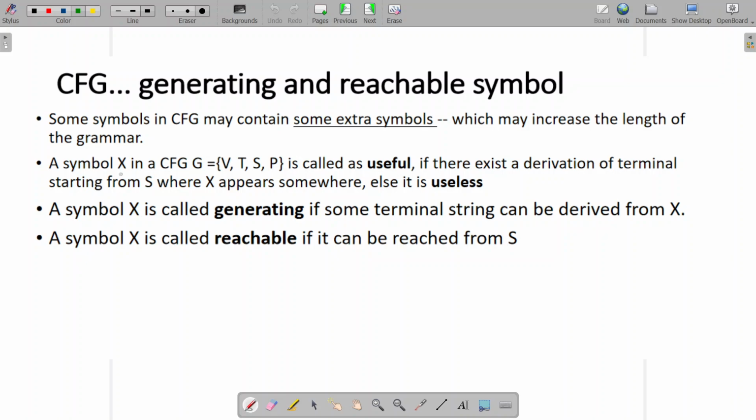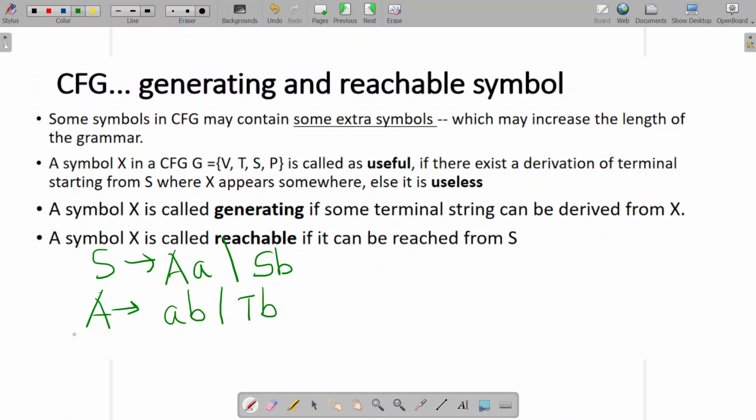Here you are going to see one example. I have S maps to AA, or S maps to SB. Also, A maps to ab or TB, and B maps to b, and T maps to BA.